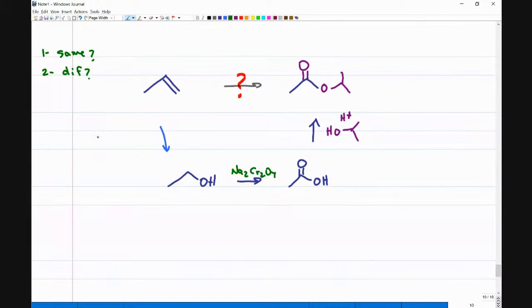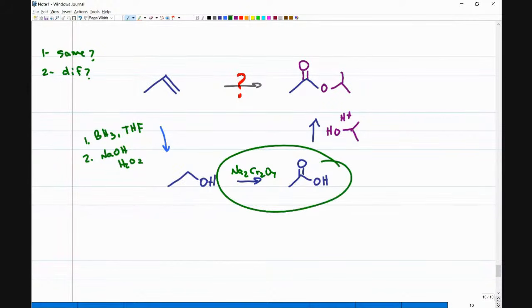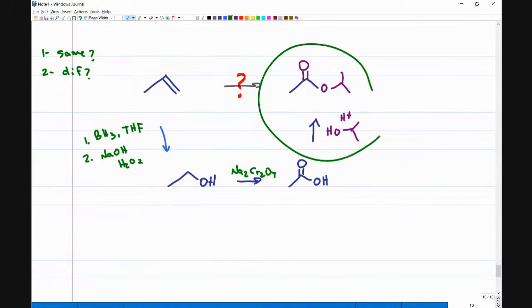If I react this with BH3 in THF as step 1, step 2, NaOH, H2O2, that'll give me the anti-Markovnikov terminal, less substituted alcohol, which I then oxidize to a carboxylic acid, apply what we learned today in the Fischer esterification mechanism that I showed you, and that is our final product.